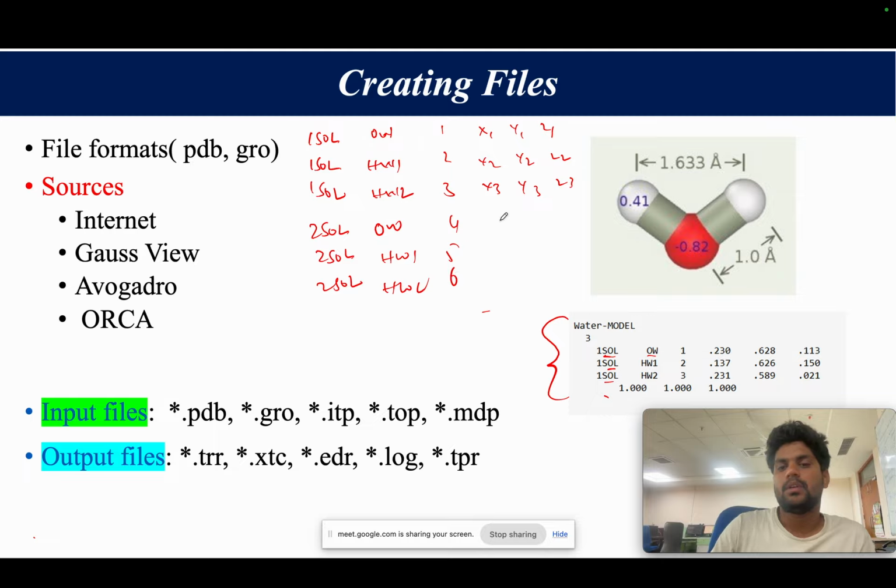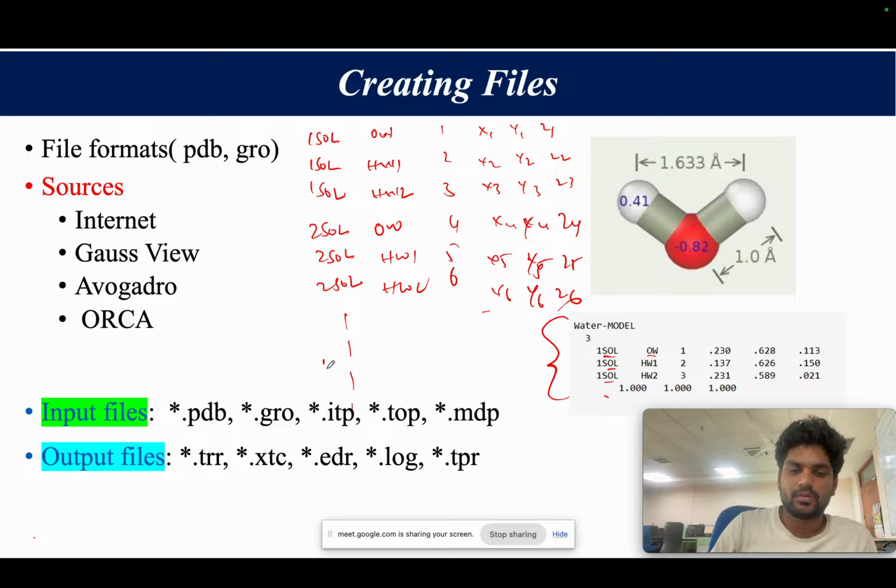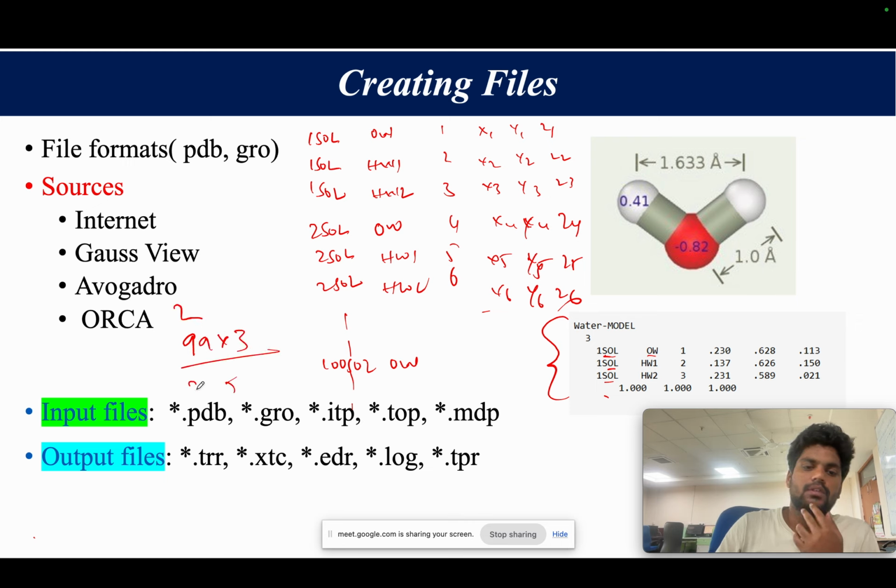If you remember, it will be x4, y4, z4, and so on for the 100th molecule. 99 molecules we have added, and each one has 3 atoms, so 99 times 3 is 297.